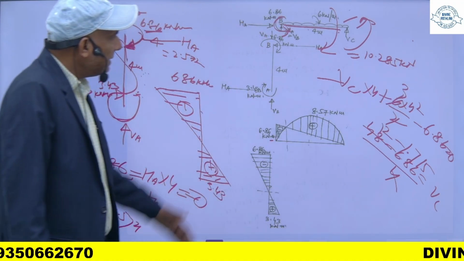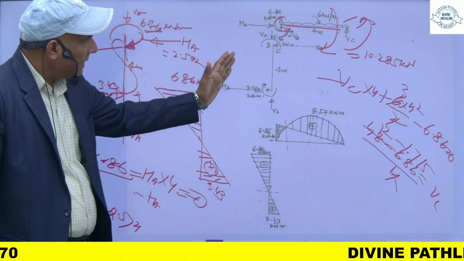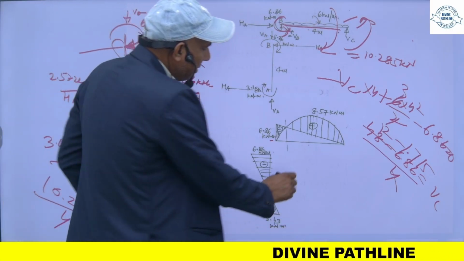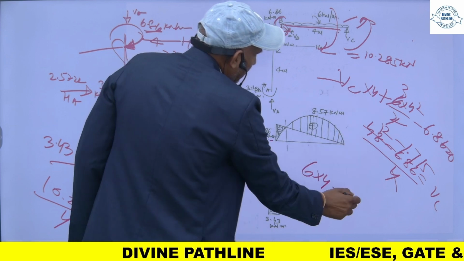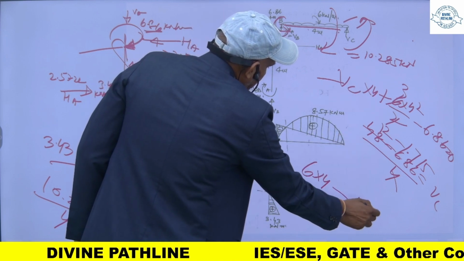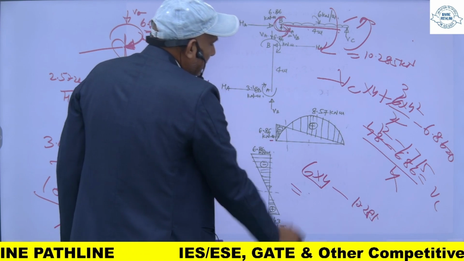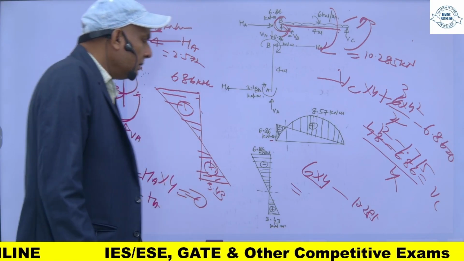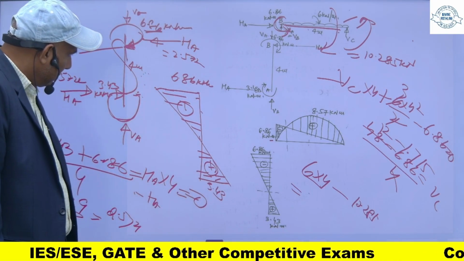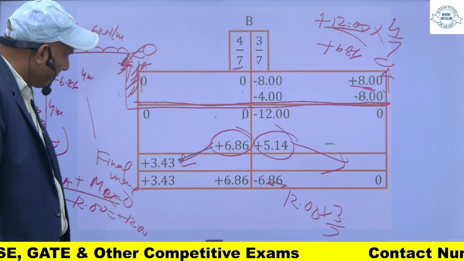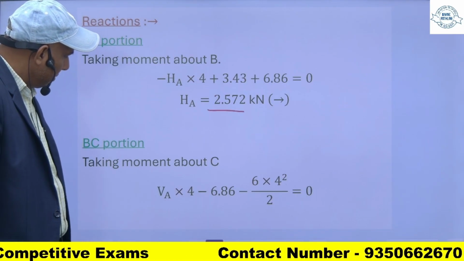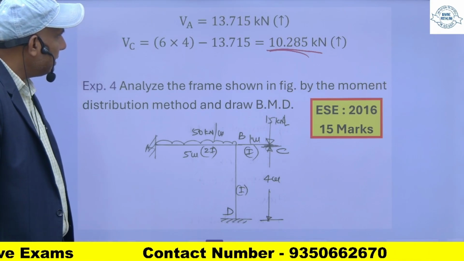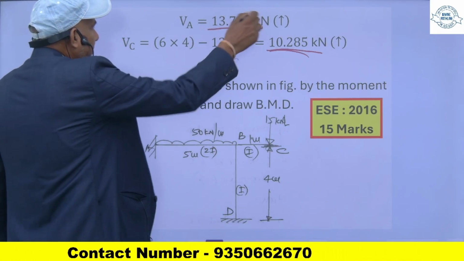Now the total vertical load is, there is no other vertical load in this, the total vertical load is 6 into 4, 24. This minus this 10.285, you will get 24 minus this, and it will be 13 point something. So from this we will get VA. So VA is equal to 13.715.